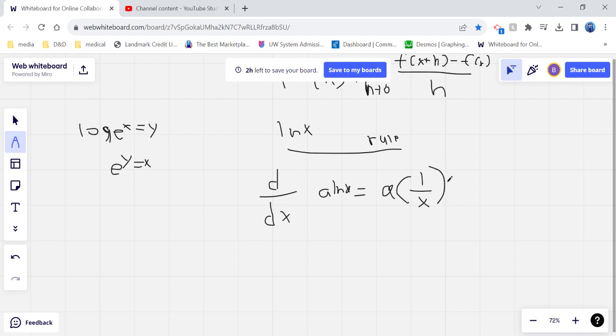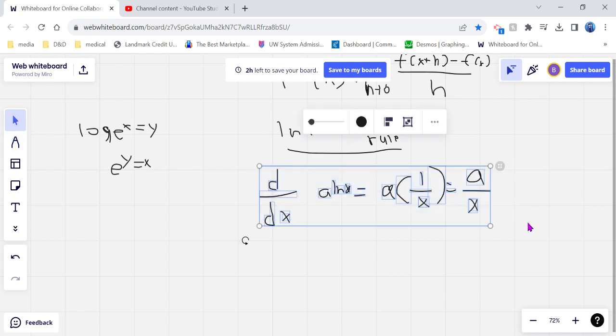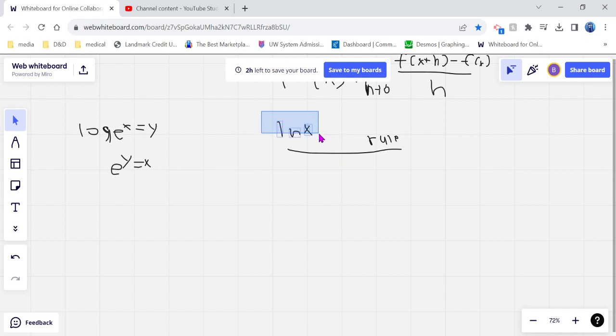You can write a over x, it doesn't matter really. But the derivative of ln of x is 1 over x. So that's the ln of x rule. Both ln of x and e to the x were pretty simple, pretty straightforward.